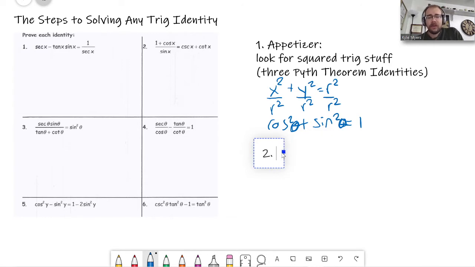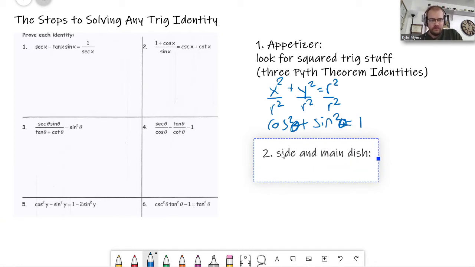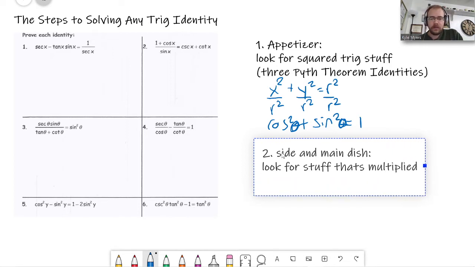Step 2, you have your main dish and your side. So side and main dish. This is when you're going to look for stuff that's multiplied or divided.